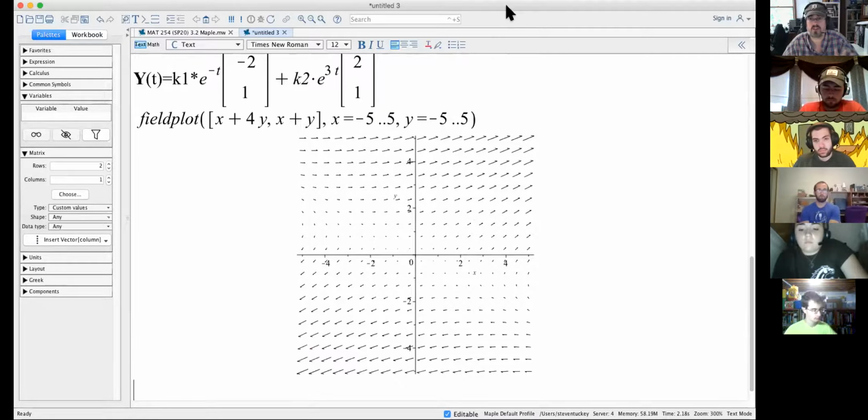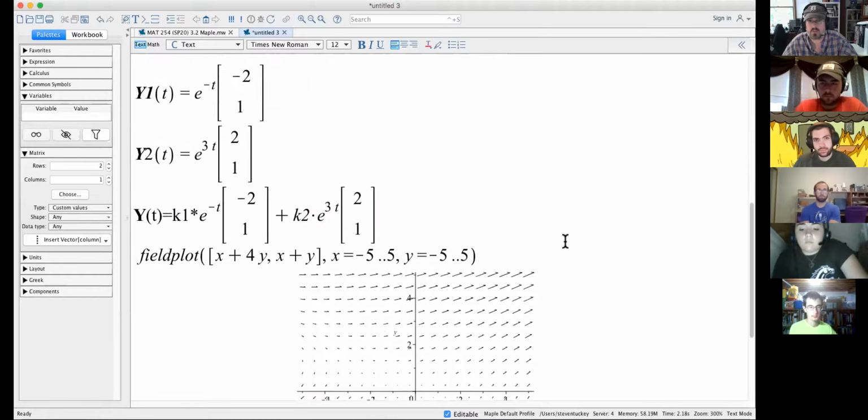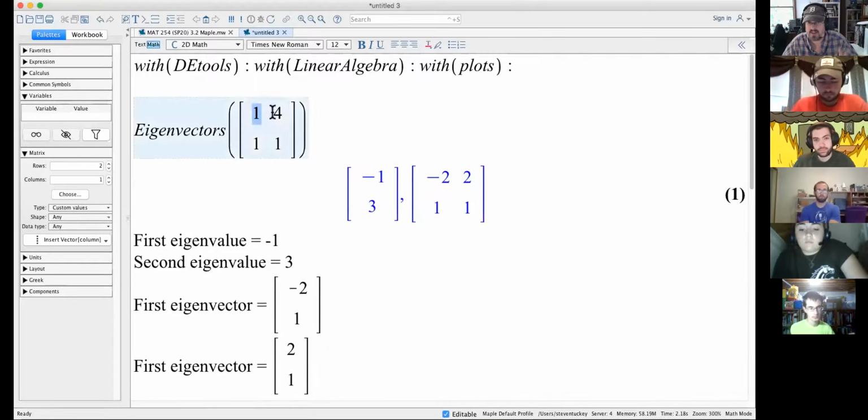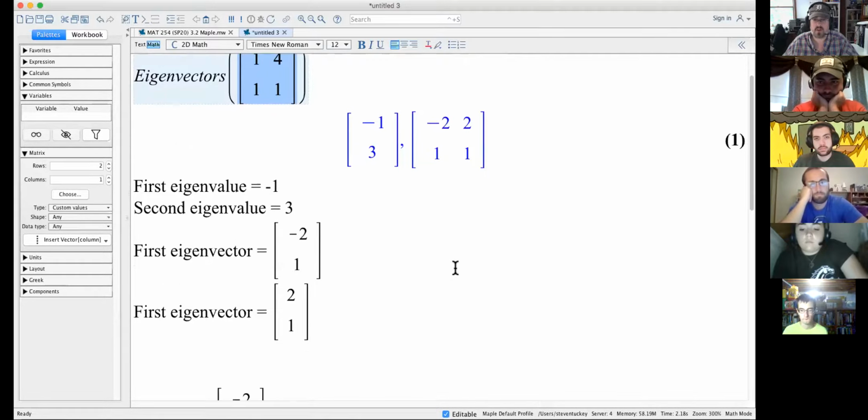So this is stunned silence, but I want to make sure that what we started with was finding the eigenvalues and eigenvectors for that coefficient matrix. Everything we need to know about the phase plane is encoded in those 4 numbers. It gives us eigenvalues, eigenvectors.